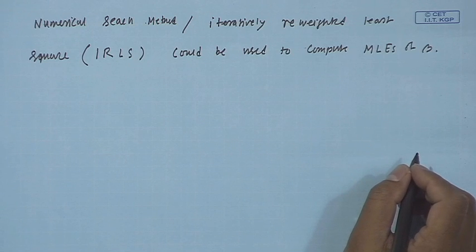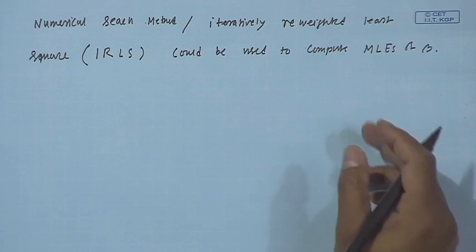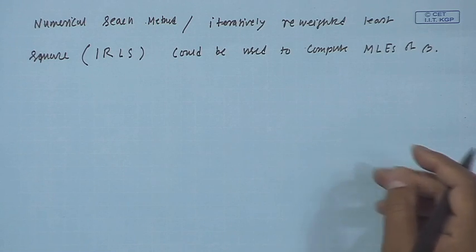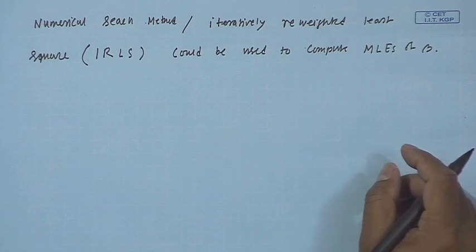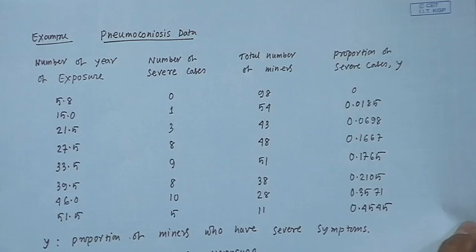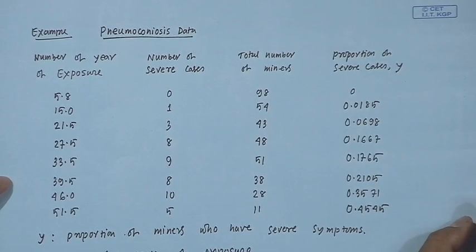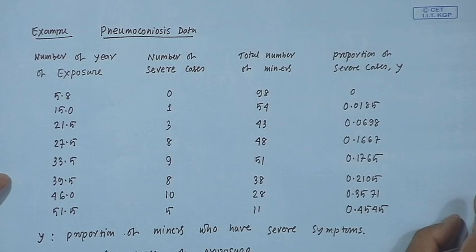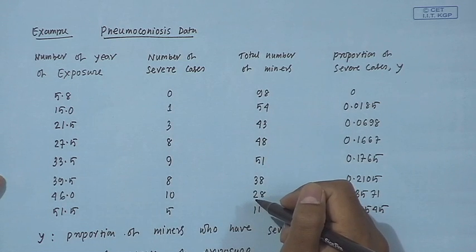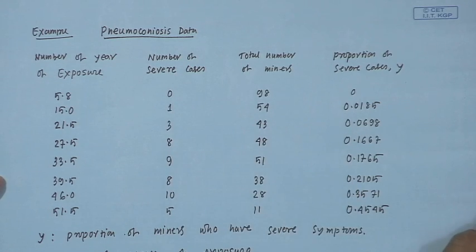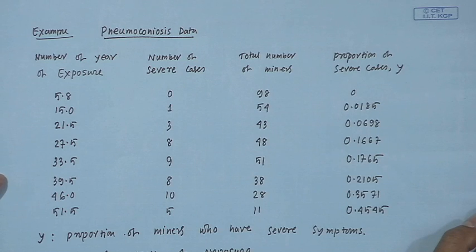Okay. So, now again to explain this example of the binomial distribution we considered, I will give a numerical example to illustrate the binomial case. Here we have data called pneumoconiosis data.